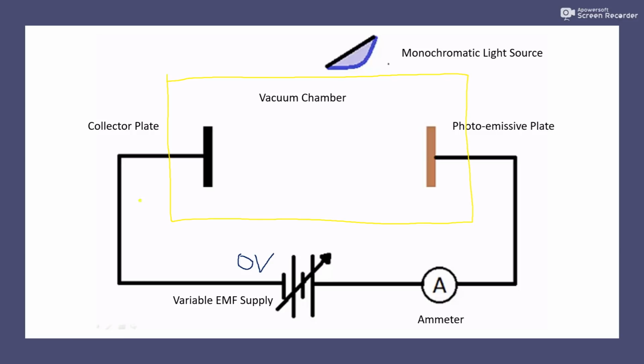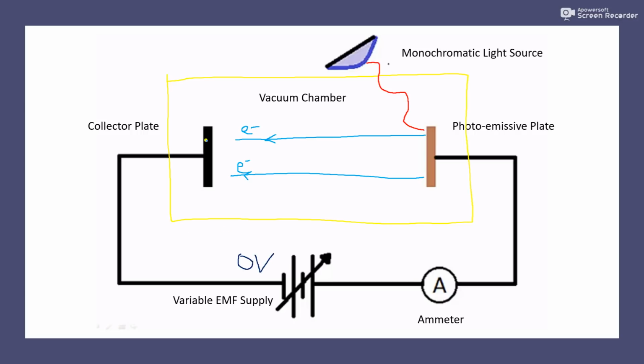Outside of this vacuum chamber, we have a monochromatic light source. Monochromatic light source basically means that I am only allowing light of a single frequency to be emitted from this source. Light from this source is going to hit the photoemissive plate, and it will cause electrons to receive energy from this light, and once the electrons receive enough energy, they will be able to eject from this plate and fly towards the collector plate.